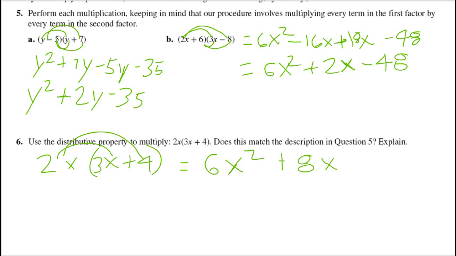Okay. Does that match the description in question 5? It's kind of different. Question 5 was really, to think about it, I could do 2x plus 0. So I do 2x times 3x plus 2x times 4.